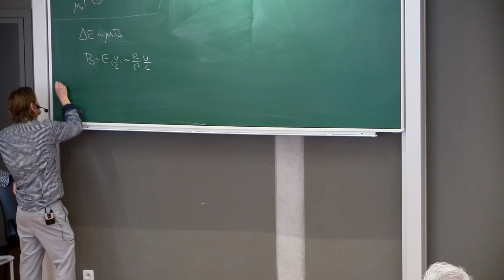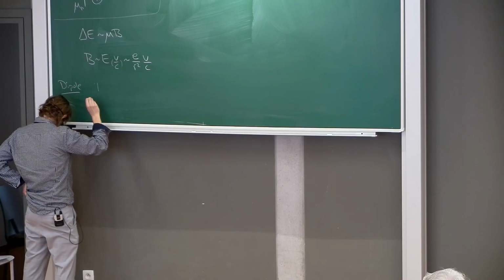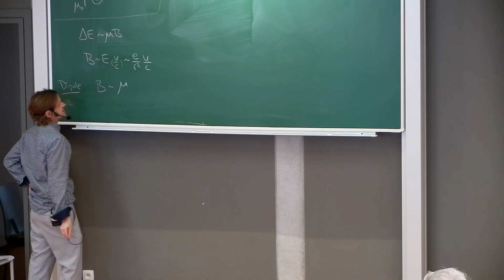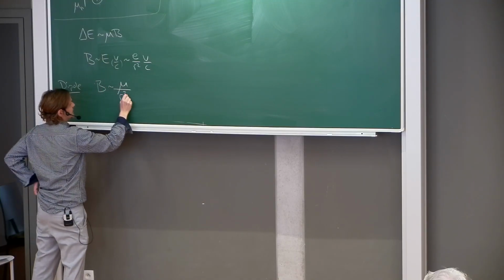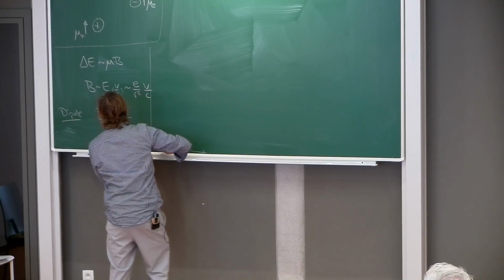Now, for a dipole, this will be a dipole moment. The magnetic field scaling is mu divided by radius cubed. It falls off with radius cubed, okay?